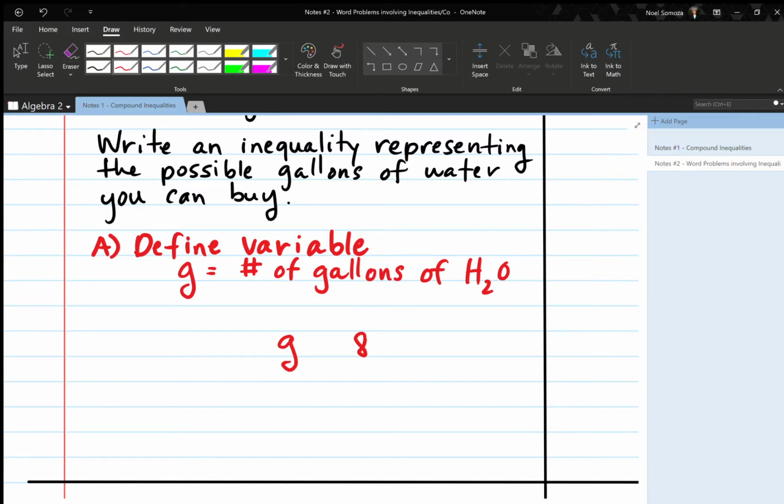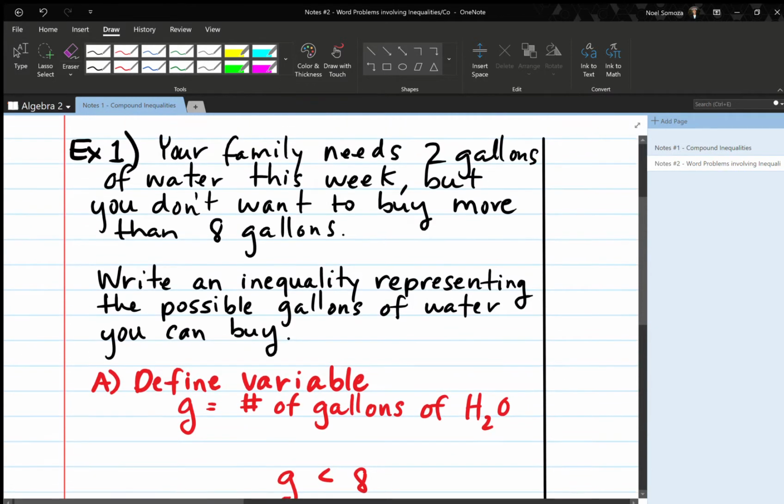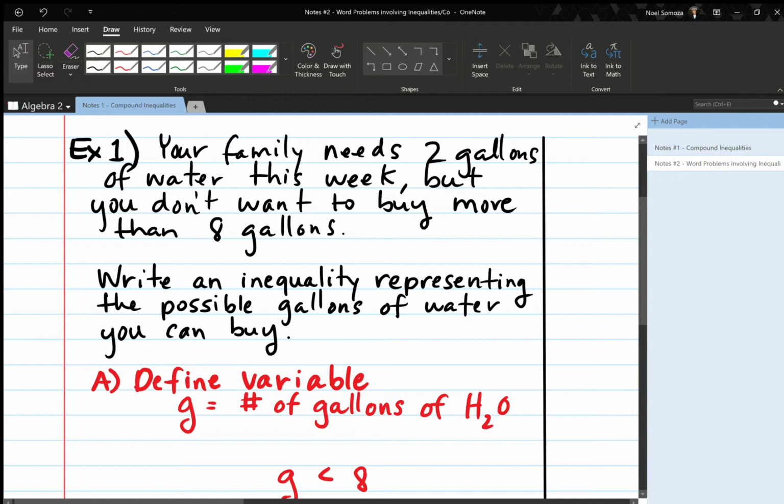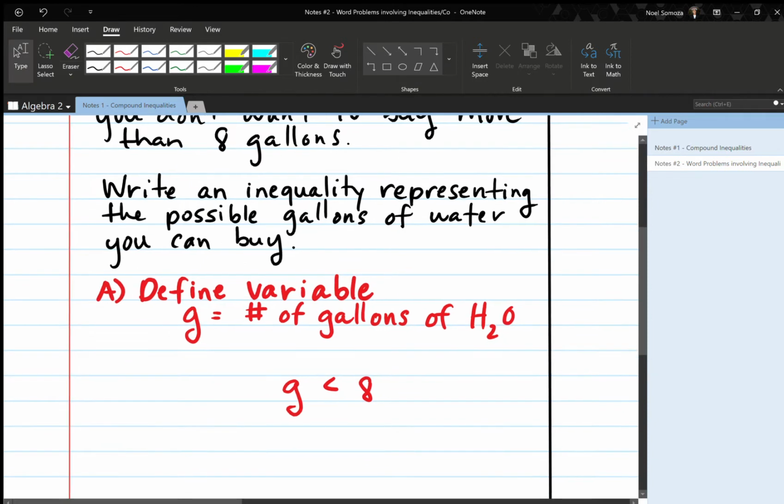G is less than. Is it only less than? Or equal to. I kind of gave it away when I said that I can buy 8, but no more than that. When I see the key words "I don't want to buy more than," I can still have exactly 8. So that's less than or equal to.